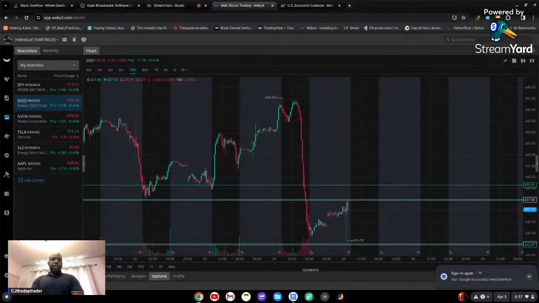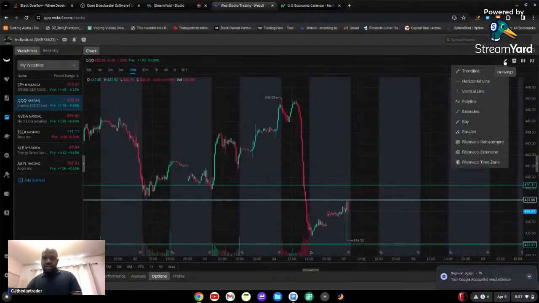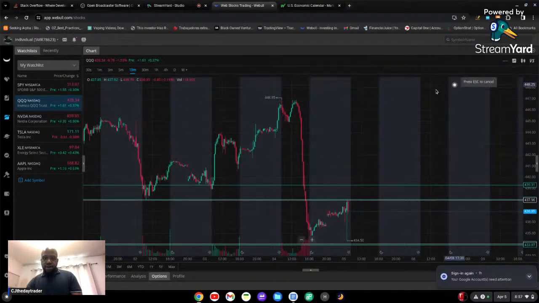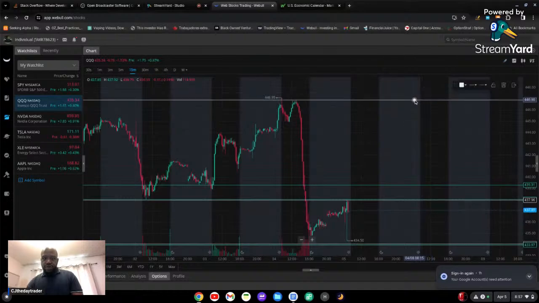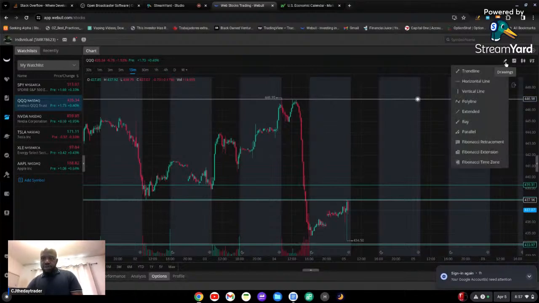We have our green line as well as our white whole number line. Price moved up over the past couple of days to 446.95, so we'll call that 447.